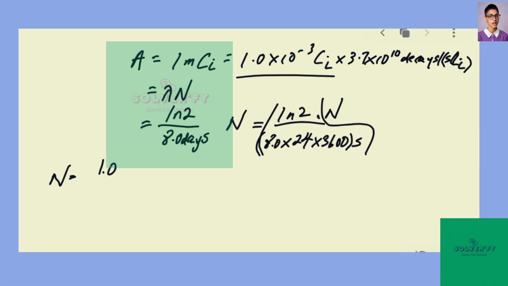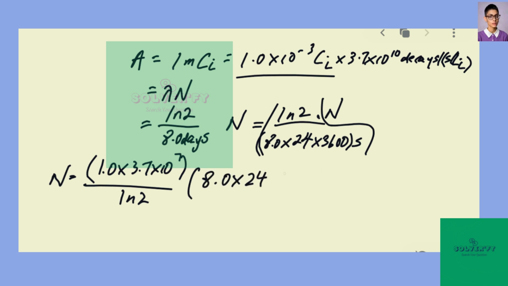So we should get 1.0 times 3.7 times 10 to the power 7 divided by ln 2 multiplied by 8.0 times 24 times 3600. You should get a value of 3.69 times 10 to the power 30. So this is the number of iodine nuclides.